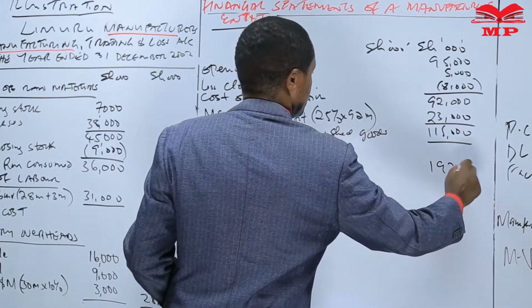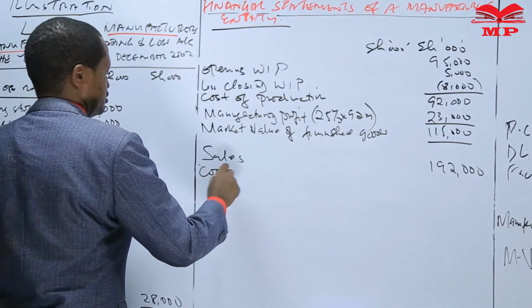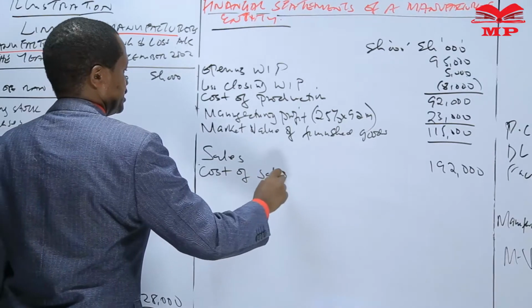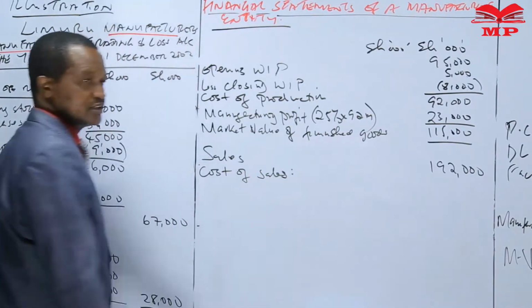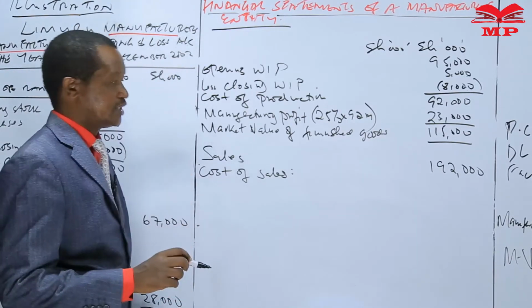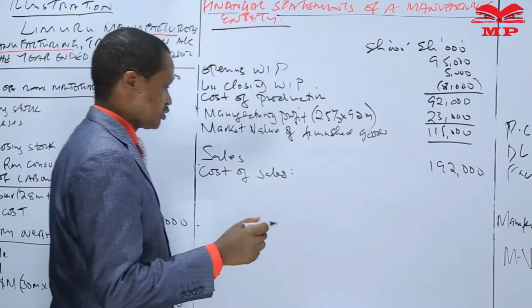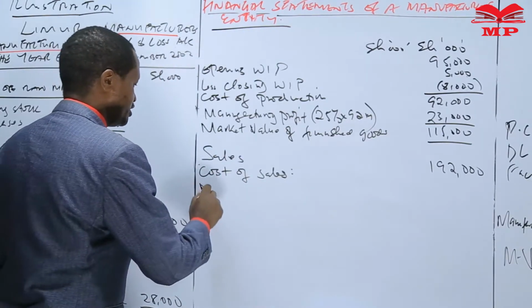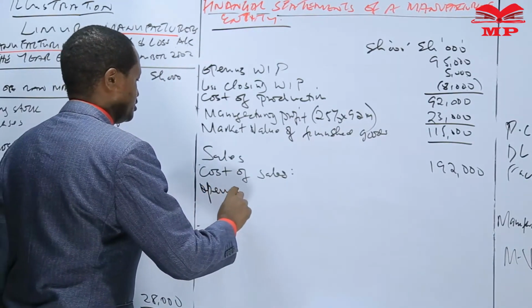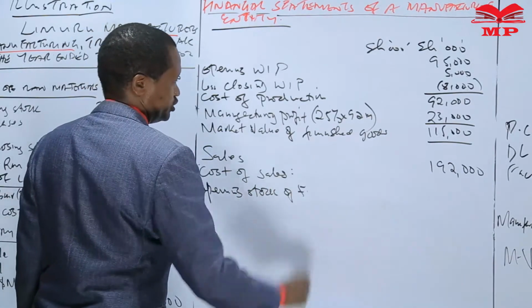So we compute the cost of sales. Now, candidates, when you are selling, you sell the finished products. So we'll start with the opening stock of finished goods.